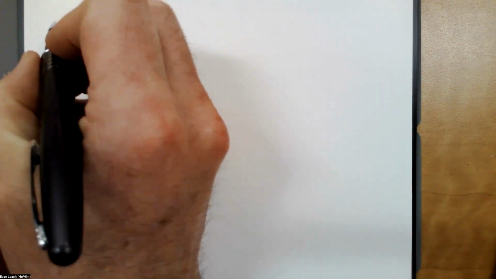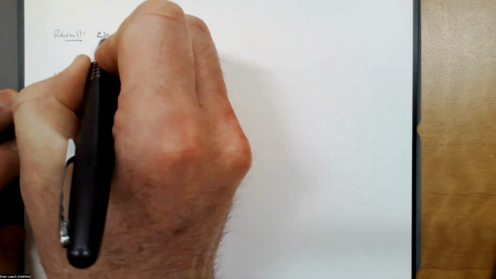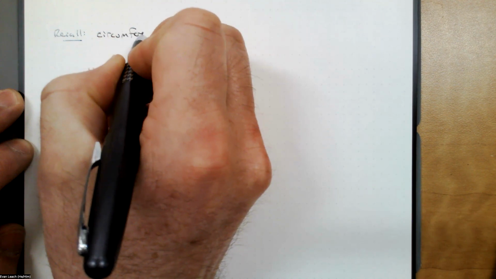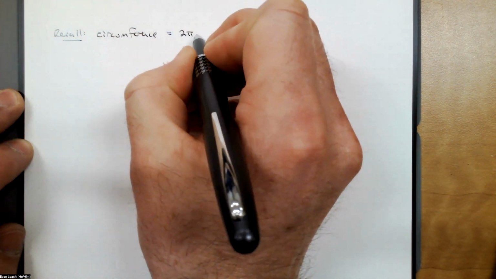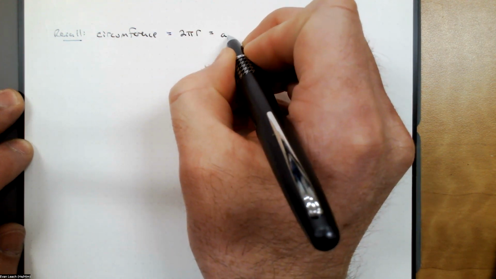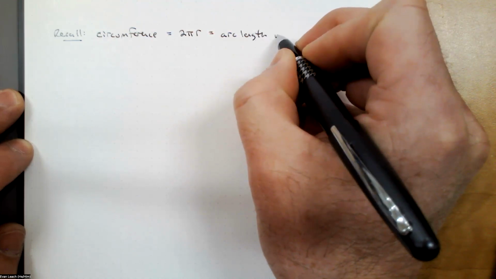So arc length, we already know that arc length is r times the angle because we know the circumference of a circle is just arc length when theta goes all the way around, when theta is equal to 2 pi. So recall circumference is 2 pi times r. This is just arc length with theta equal to 2 pi.